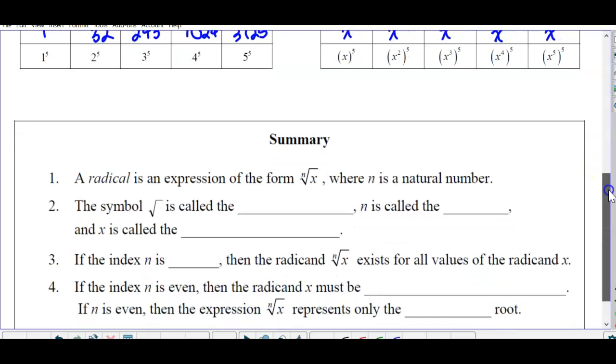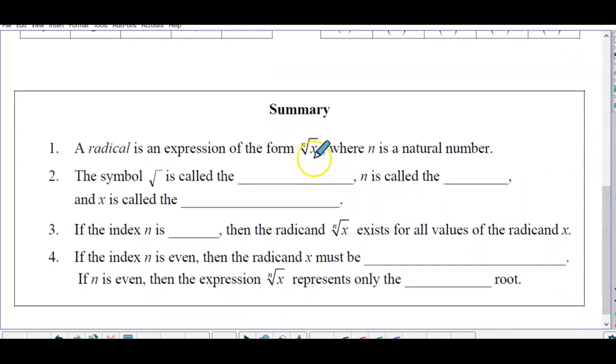So, summary here. A radical is an expression in the form the nth root of x, where n is a natural number. The square root symbol is called the radical symbol. n is called the index, and x is called the radicand.